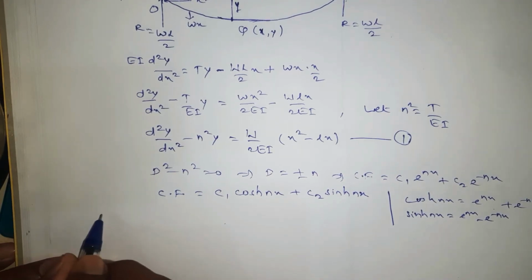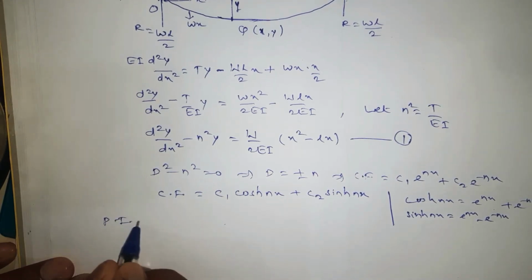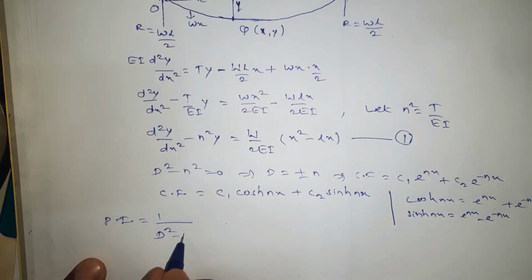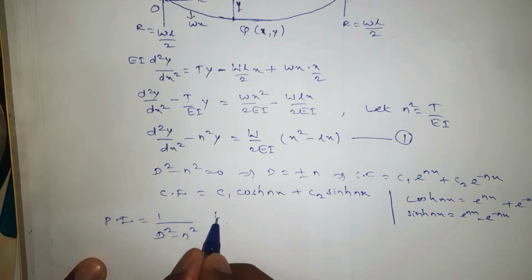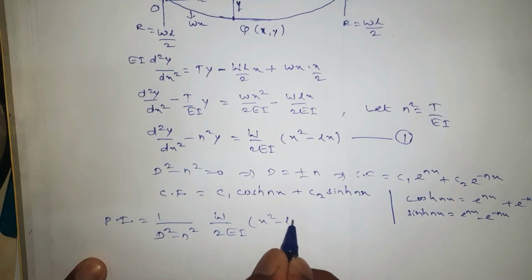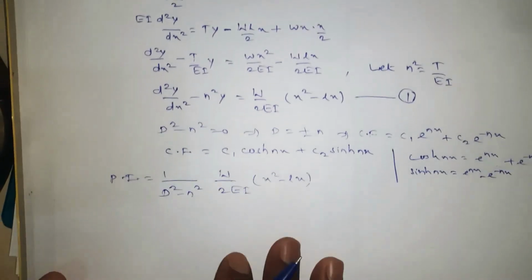Now for the particular integral, I need 1 upon D square minus n square applied on w upon 2EI times x square minus lx, right?